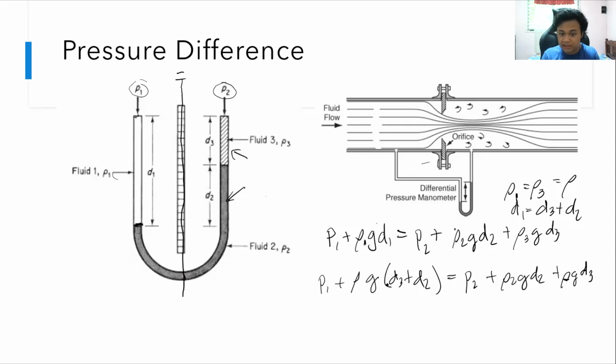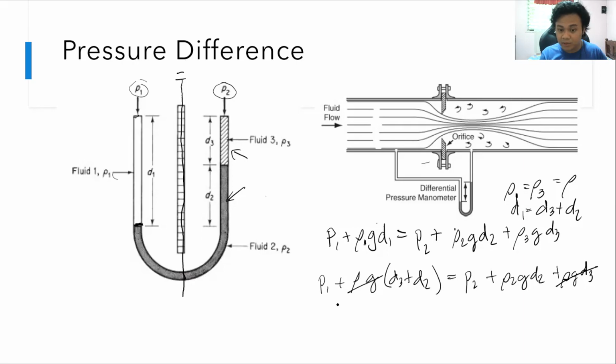If you distribute the rho G here, so rho G D3 and rho G D2, and then move that to the right side, the rho G D3 cancels. So this term and that term cancel.